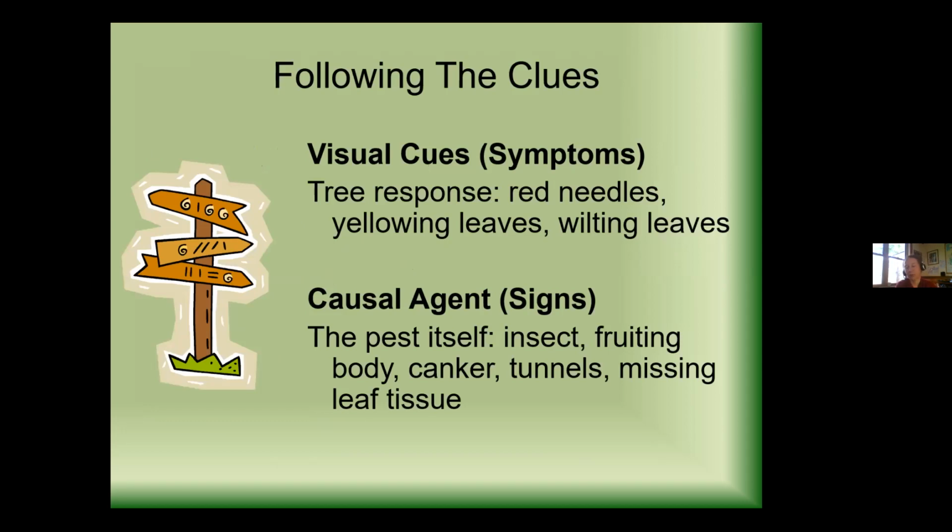So there's actually another iteration of what I just said. An interesting thing about this, and we'll reiterate it multiple times: look for multiple visual clues and multiple possible agents, because you can have a primary cause and a secondary cause. I myself have been guilty of this. You go up to a tree and I see those needles are falling, they're turning yellow. I look at the side of the bark of that pine tree and I see little insect holes.